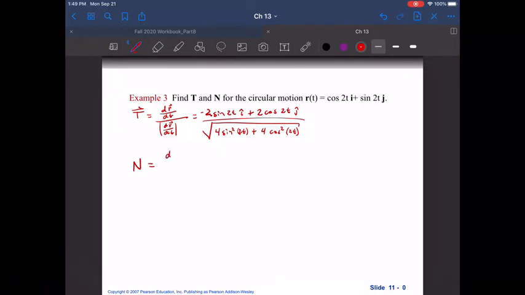We're going to do dT divided by the magnitude of dT. And so to do that, you just go through and do it. Just take the derivative of this thing, and then go through and divide it by its own magnitude. I'm going to leave that for you to try. But take the derivative of that whole thing, divide it by its magnitude like I did for that first one.